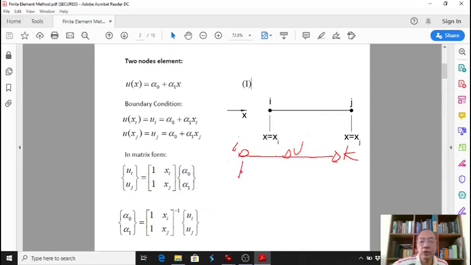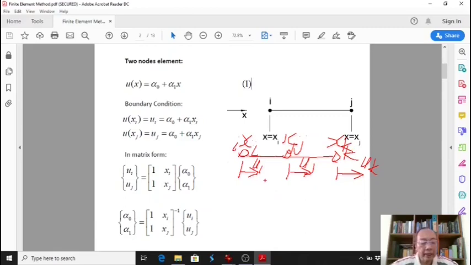So these displace to ui, uj, and uk. The positions are xi, xj, and xk.